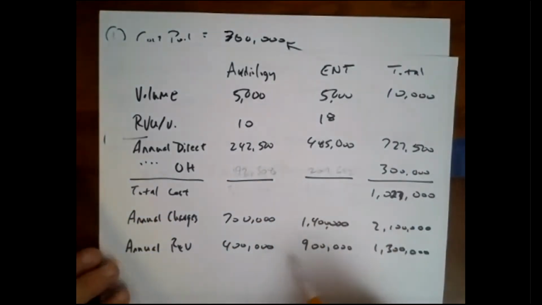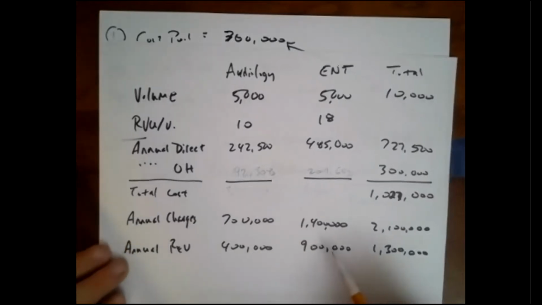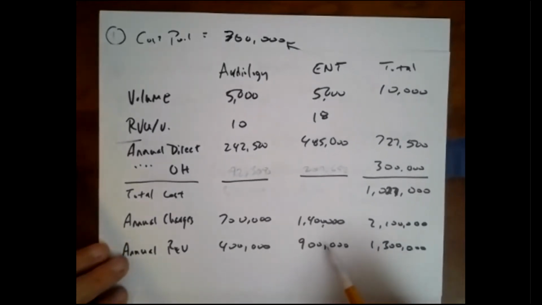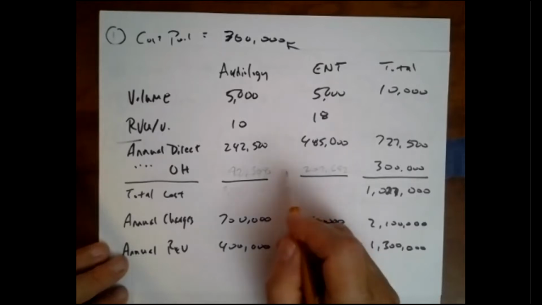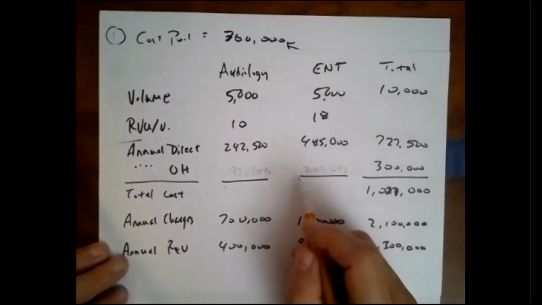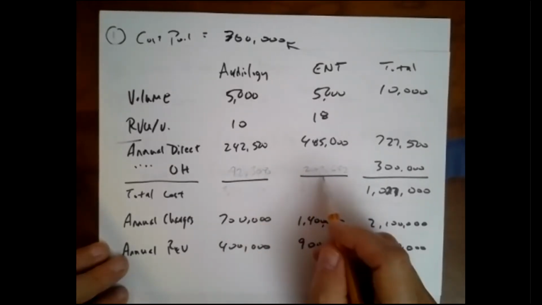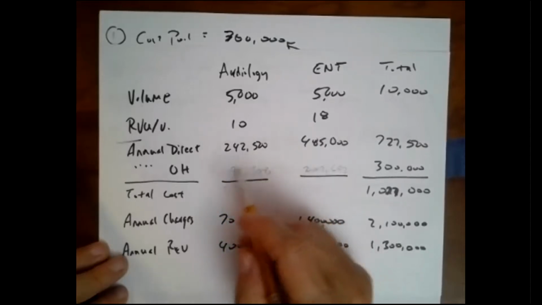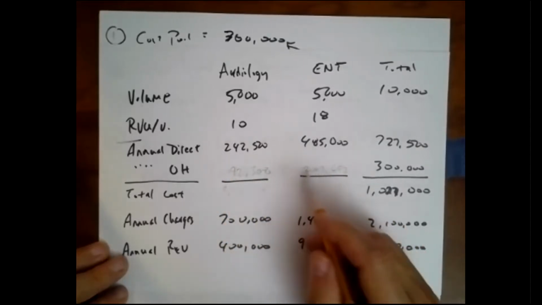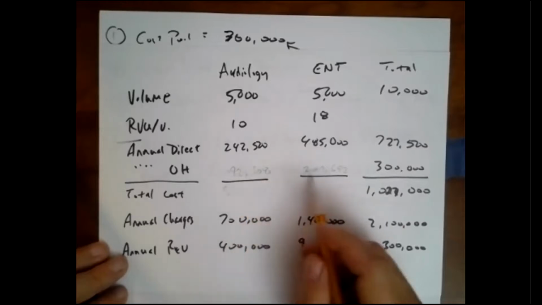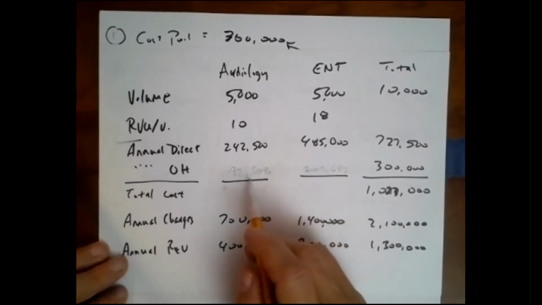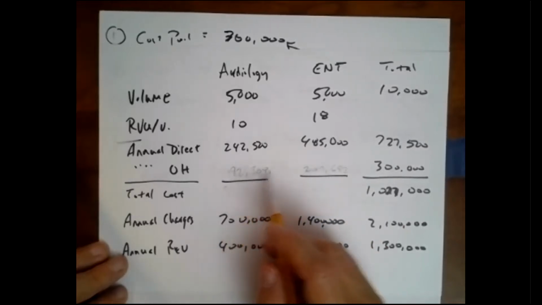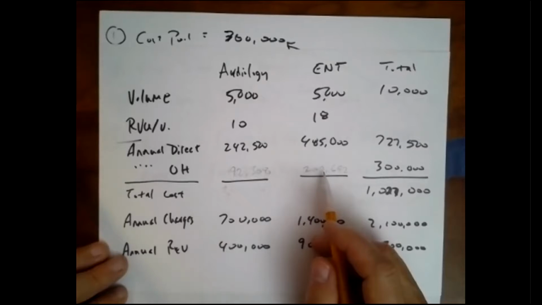So using annual revenue for your allocation cost driver, more money is being shifted to ENT, more cost, I should say. More cost is being shifted to ENT. So the overhead allocated to audiology goes down and the overhead allocated to ENT goes up to the tune of about $7,000 shifted from audiology over to ENT.